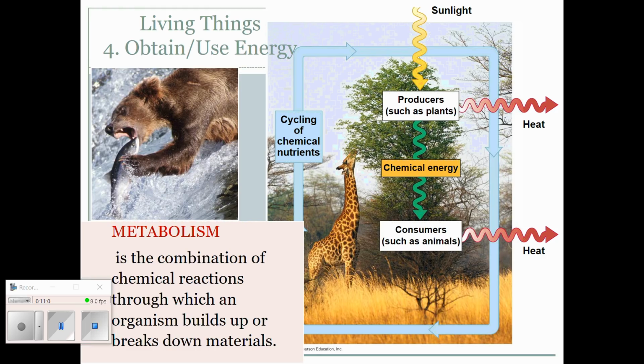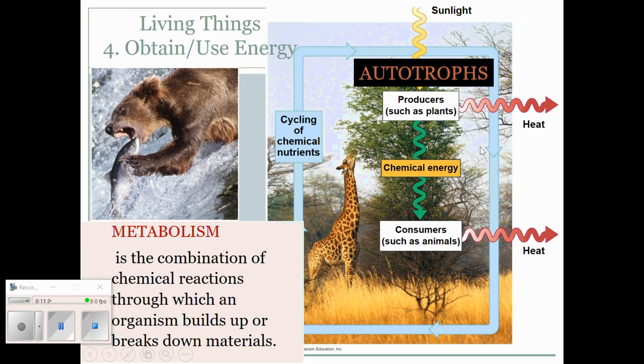And there are times when we hear somebody say, oh, that person must have a high metabolism because they can eat anything and not gain weight. However, metabolism refers to all the chemical reactions inside our bodies that break down materials. So all organisms have to go through the process of metabolism and get energy.